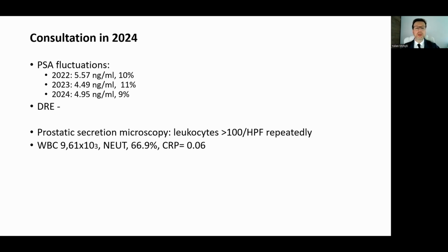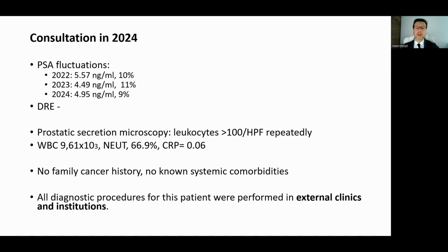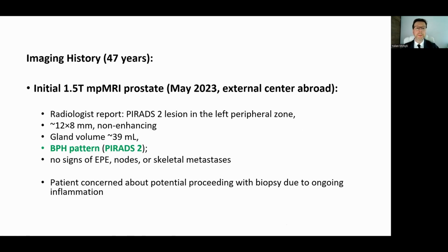In this patient, features of inflammation in the prostatic secretion were also observed, with no family history and no systemic comorbidities. I would also like to note upfront that all diagnostic procedures for this patient were performed in external clinics and institutions.